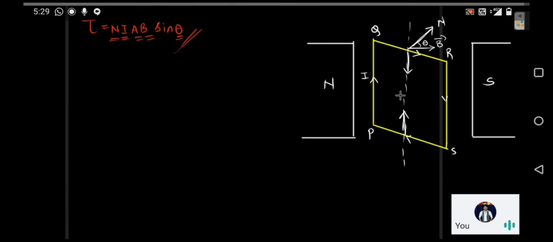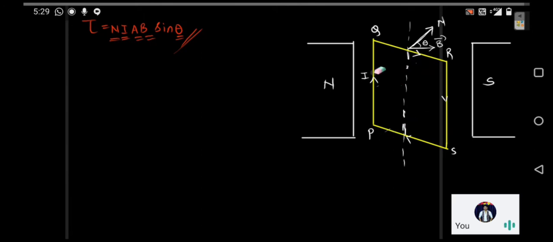They are collinear forces, that means these forces are acting along one line. So this force is going to cancel out the effect of this force, and hence the force acting on these two sides is going to be equal to 0.